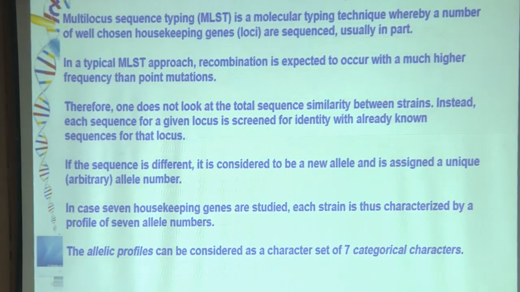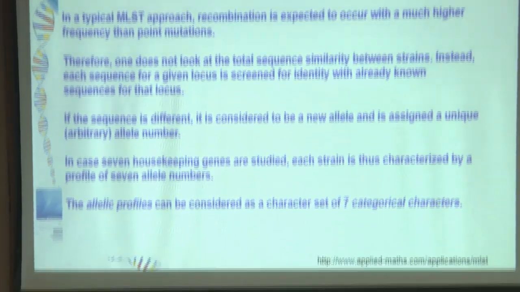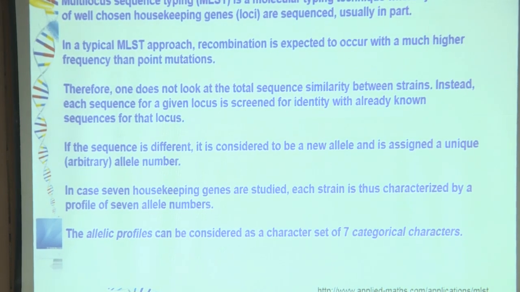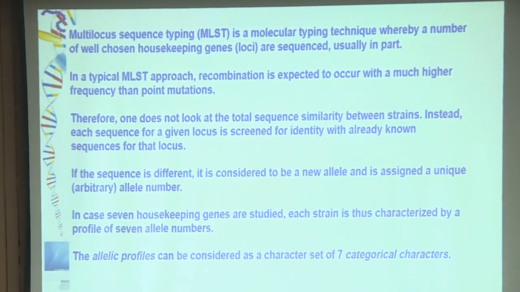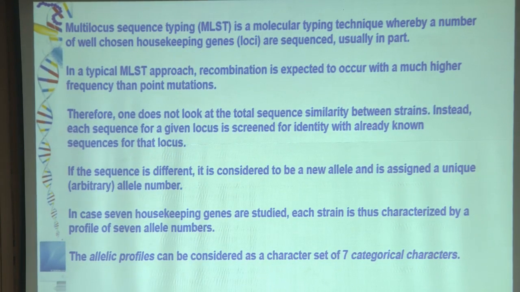The allelic profile, what do you mean by allelic profile? The string of numbers which is assigned to each and every loci, right? Gene 1, gene 2, gene 3 up to gene 7, you may call it as a locus 1, locus 2, locus 3 up to locus 7, and each locus is sequenced, right? You understand? And remember, the length of the sequence for each and every loci may be different.